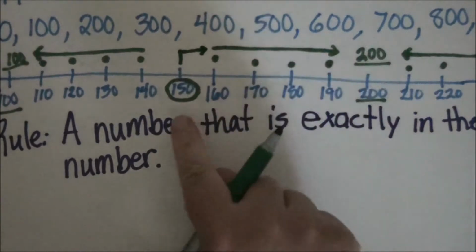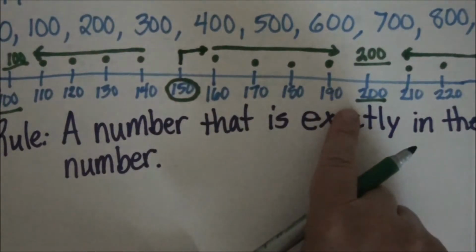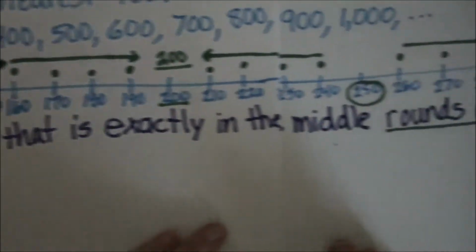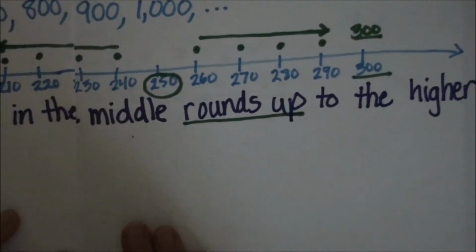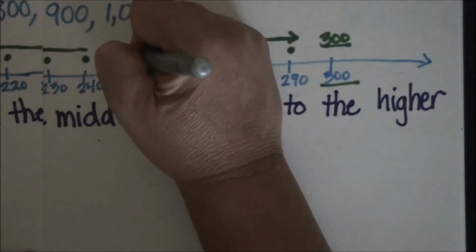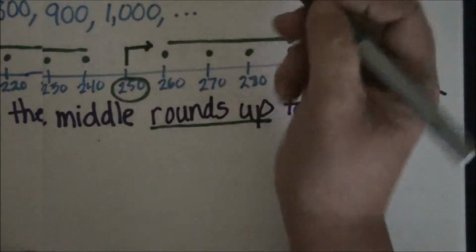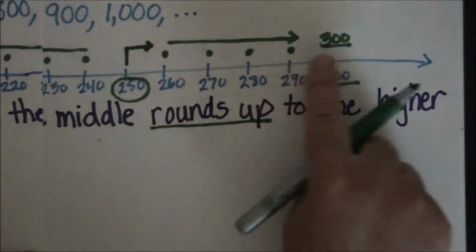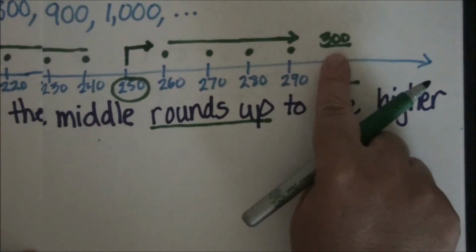So it goes that way. So 150 also rounds to 200. 250 is smack dab in the middle of 200 and 300, and it rounds up to the next higher number. So 250 also rounds to 300.